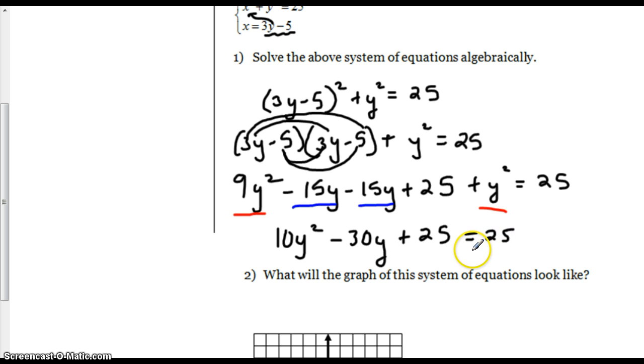So again, with the quadratic, we want to set this equal to 0. So I have to do that, since this is on this side of the equation, to move it on this side, I have to subtract 25 from this side to make that 0. Let's go ahead and move that down, make a little more room.